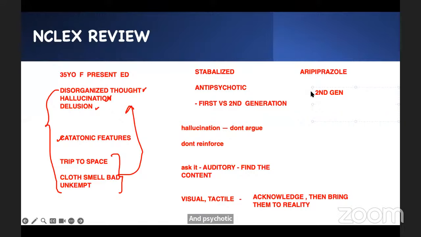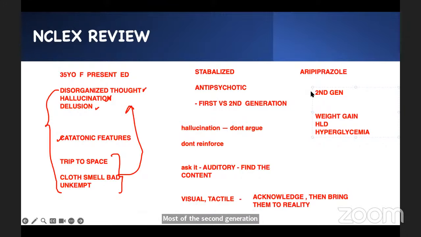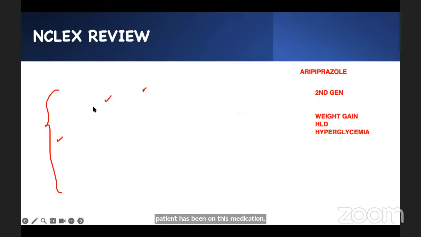And one of the common side effects is weight gain. Most of them cause weight gain, hyperlipidemia, and diabetes, or hyperglycemia, basically. Most of the second generation antipsychotics will cause that. That is the most common side effect for this condition.